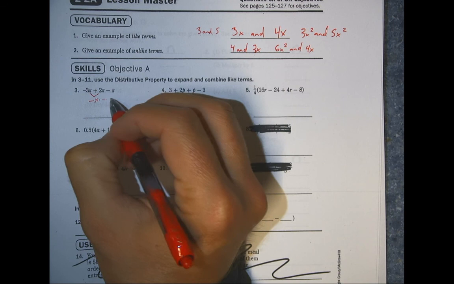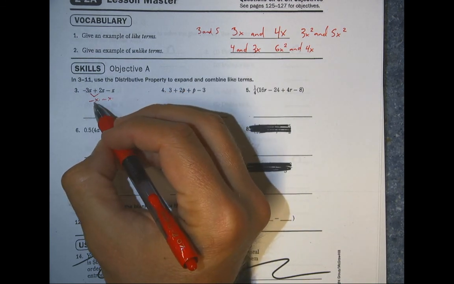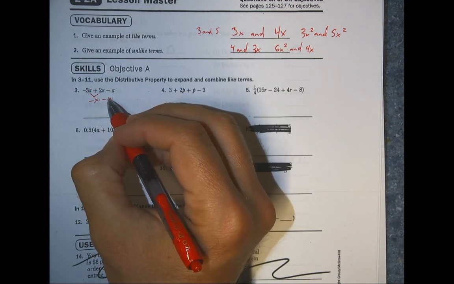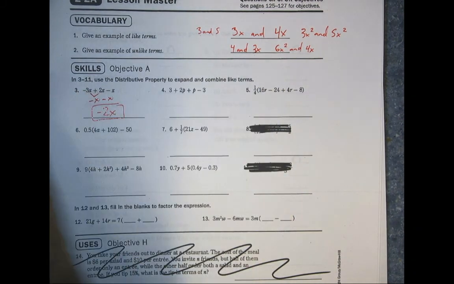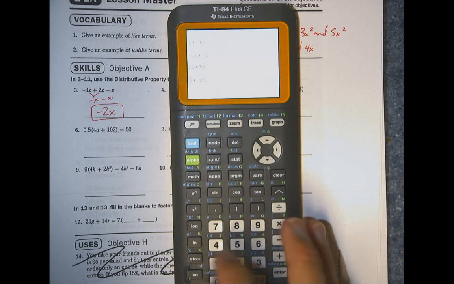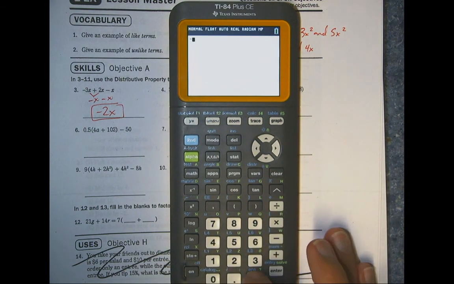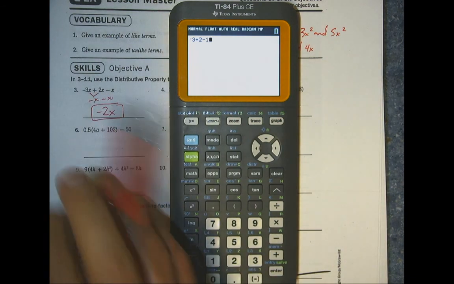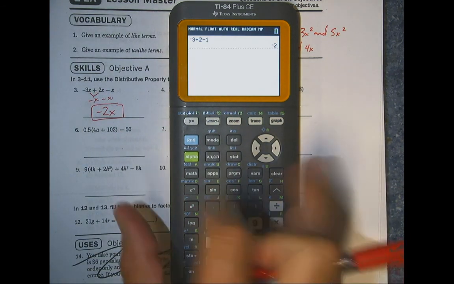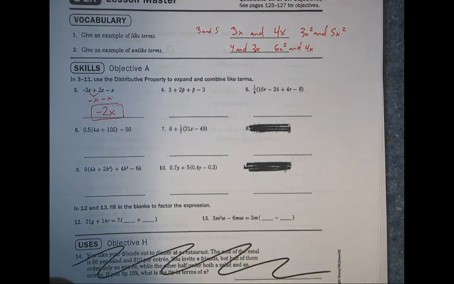And then I still have to minus an x. So this is a negative 1 minus 1. That's negative 2x. If you're plugging this in the calculator, you can't put the x in there. But this is just negative 3 plus 2 minus 1. That's a negative 2, and the x just follows along.